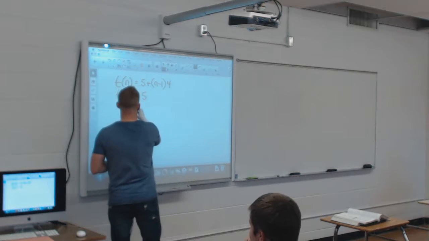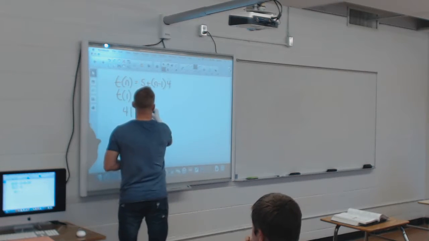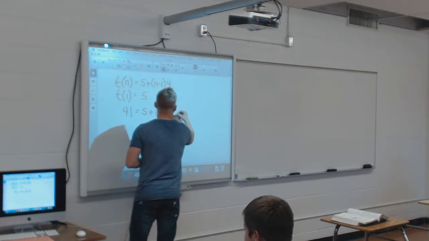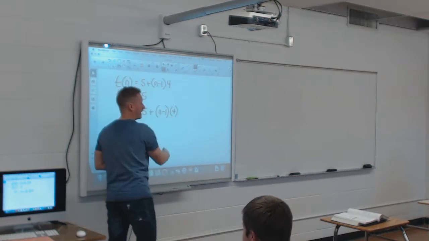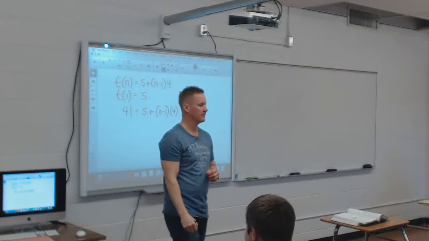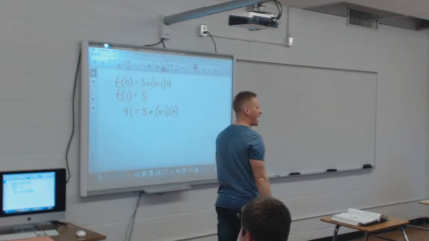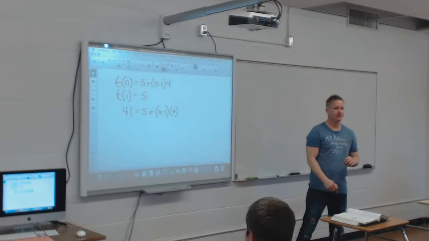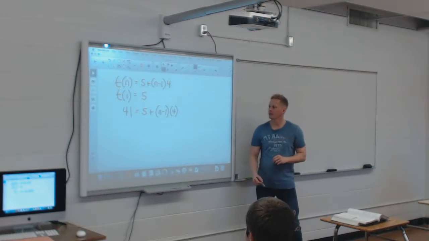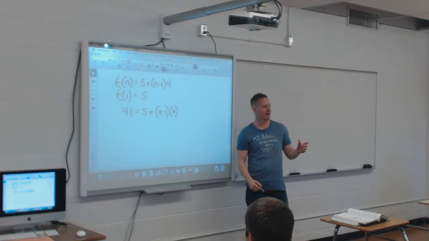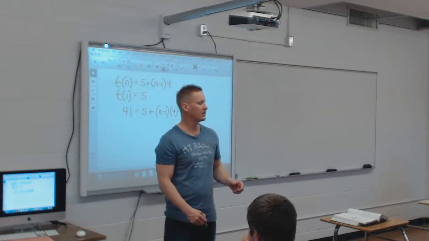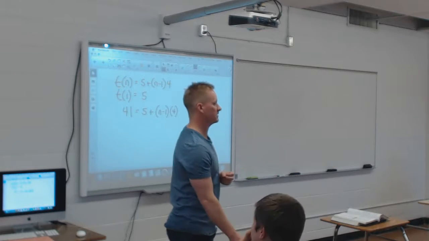So I'm going to put a 41 in here. And my goal is to get an n value. So I need to solve for n right now. My objective then is to get n minus 1 times 4 by itself. What's the first thing I'm going to do to solve for n?